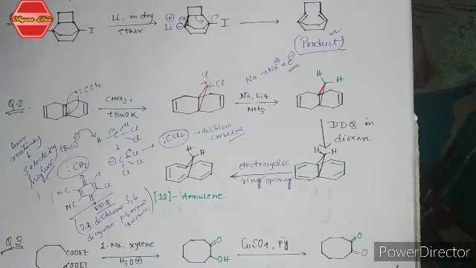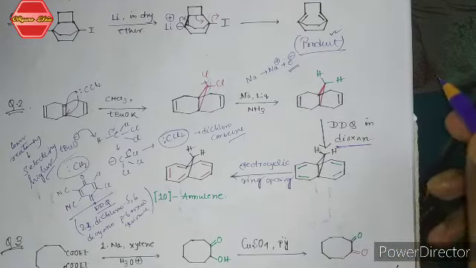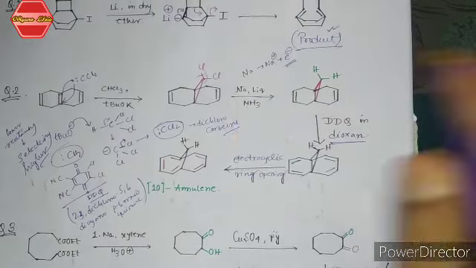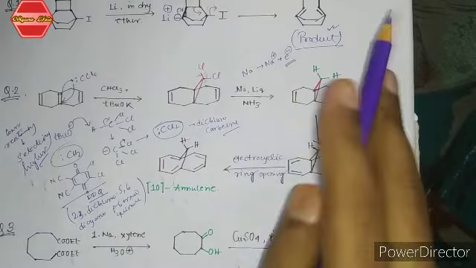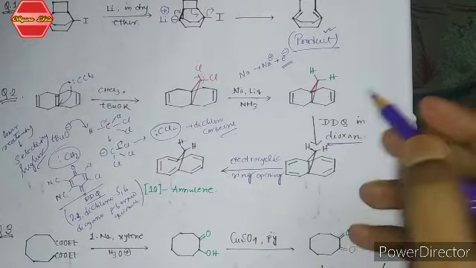Now what is the role of DDQ? Dioxane is just a solvent. DDQ is a very important oxidant. I have not mentioned it in my oxidation reaction videos, so here we are discussing what DDQ is and how the reaction proceeds.